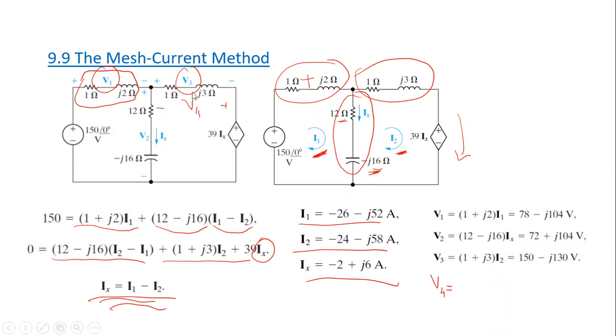This is V4, this is the plus, this is the minus. I want to find V4 across this impedance. Don't make the current negative. Yes, so it will be (1 plus J3) ohm multiplied by, so I will add a negative here, multiplied by I2.